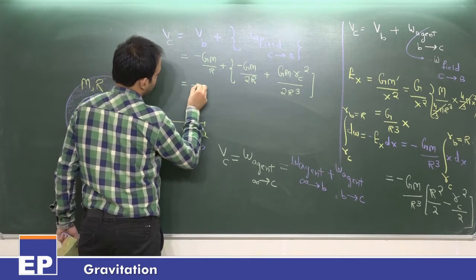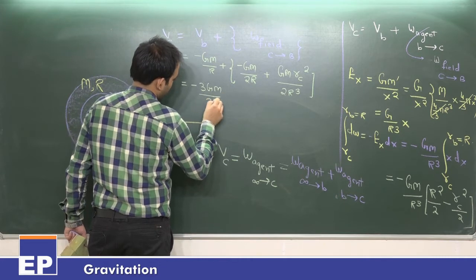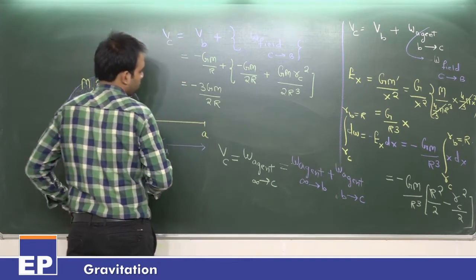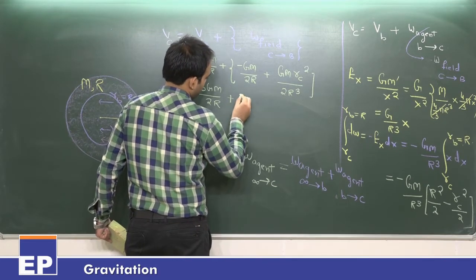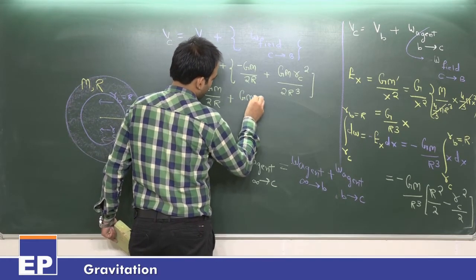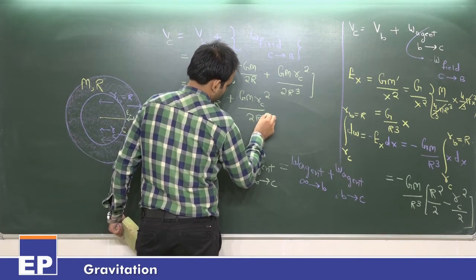That will become minus 3 GM by 2R plus GM into RC square by 2R cube.